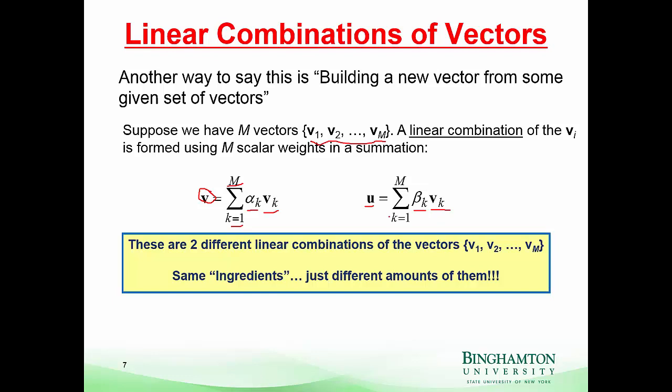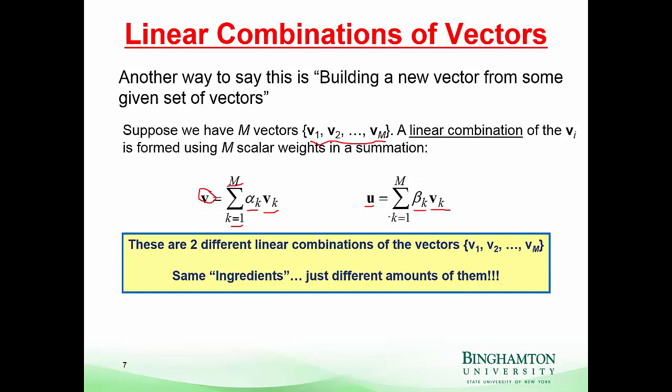I'm just pointing out here that we're making two different vectors from the same ingredients. So I like to think of all this vector stuff as cooking. The ingredients in my pantry are the vectors v1 through vm, and the alphas and the betas are the differing amounts of each of those ingredients. And so by changing the quantities of those ingredients, I could get something very, very different.